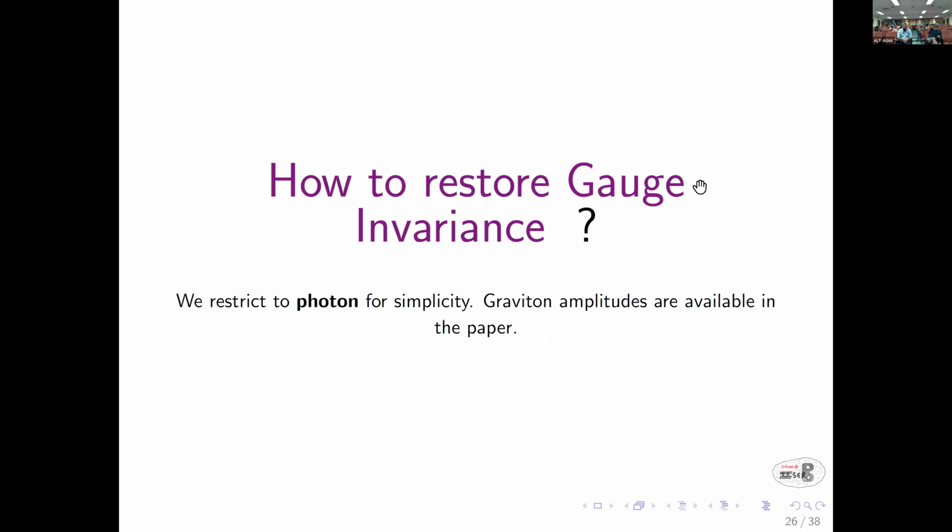It's the massive scalar QED Compton amplitude. But Siraj said, in order to compensate it, there is a propagator whose dependence on the mass matters. So the discussion will turn to the propagator. So how to restore gauge invariance?